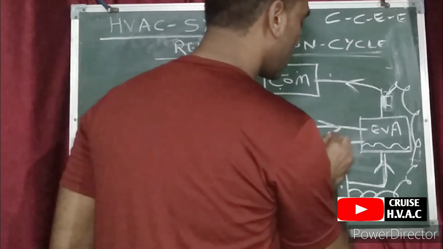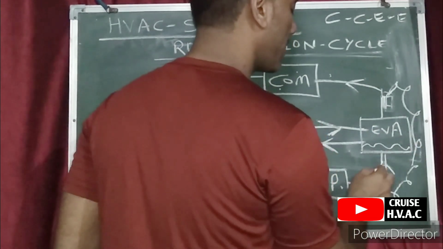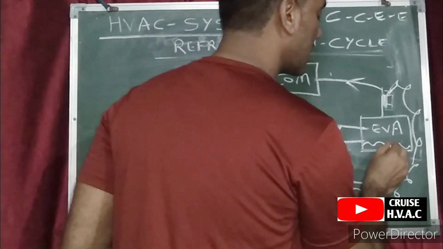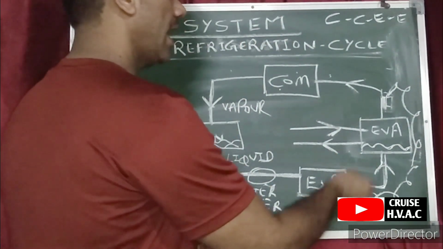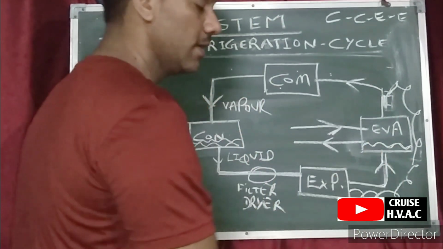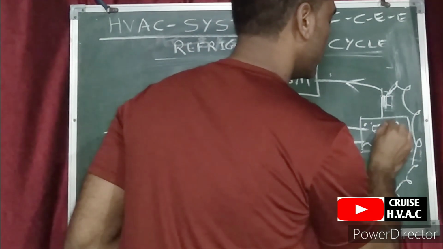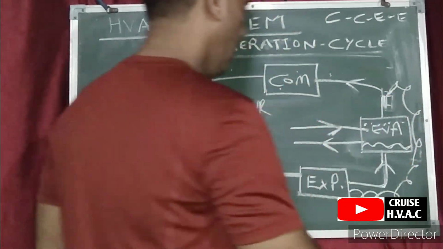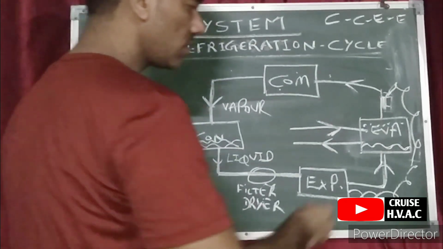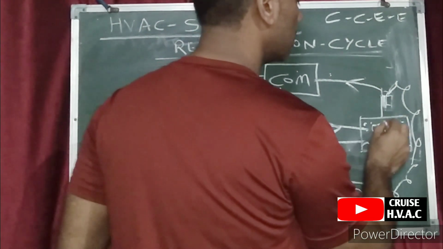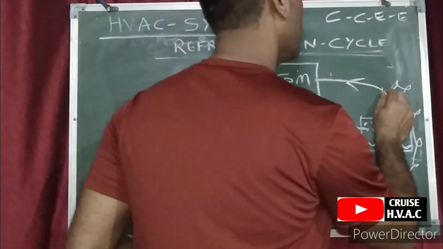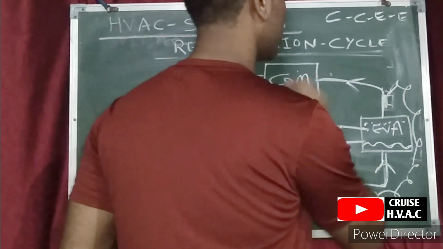Okay, so this water temperature is high. So what happened? This is the low temperature, low pressure liquid refrigerant. It absorbs the heat from this water, from the chilled water, and changes into vapor form. Then this vapor form refrigerant again goes back inside the compressor.